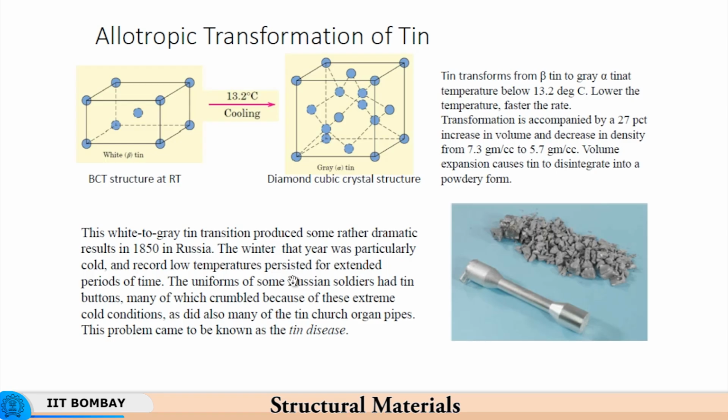And so this was accompanied by a 27% increase in volume, and so the density decreased to the density of diamond cubic structure, which is much lower, and this volume expansion caused the disintegration. The volumetric deformation that took place, the expansion in volume, resulted in too much strain which the material was not able to bear, and therefore this structure broke apart.